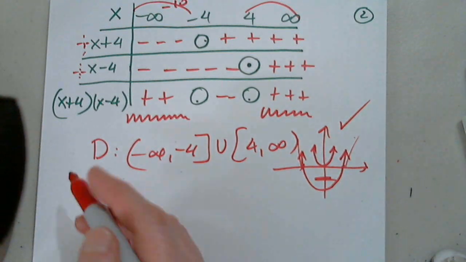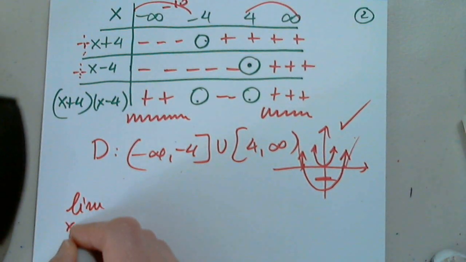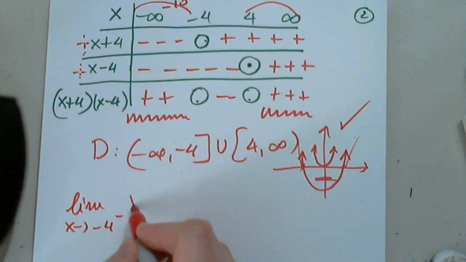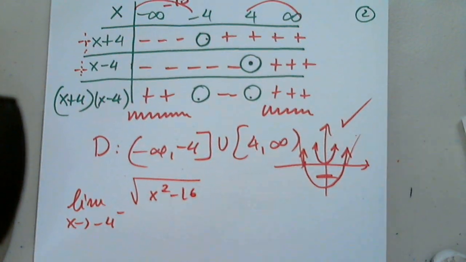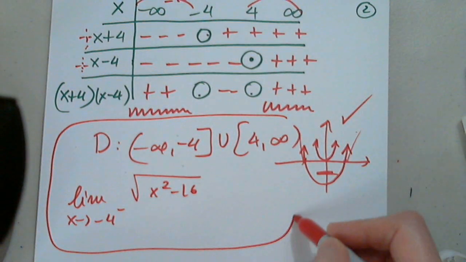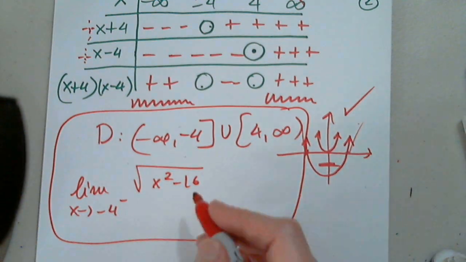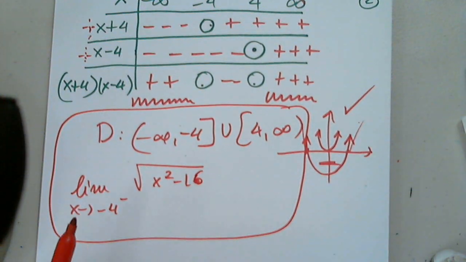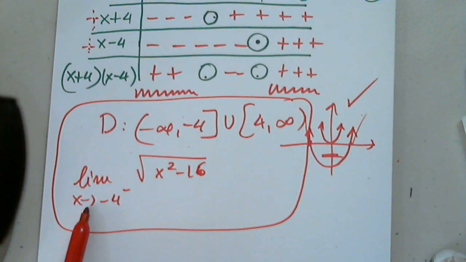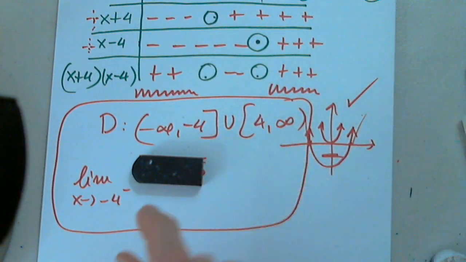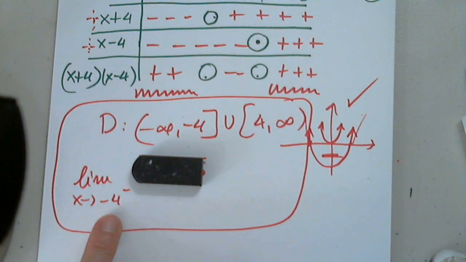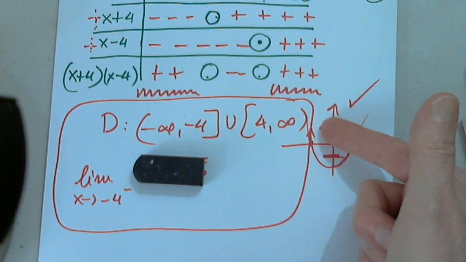Okay, so now let's discuss the limit and finalize this. That's why the domain was extremely important. So the limit of this, which is the trend of this function, when x approaches -4 from the left, is... -4 from the left in the domain?